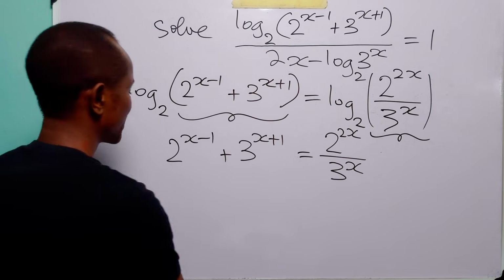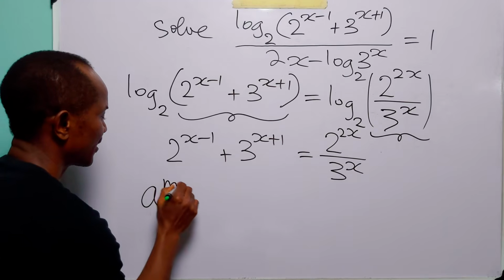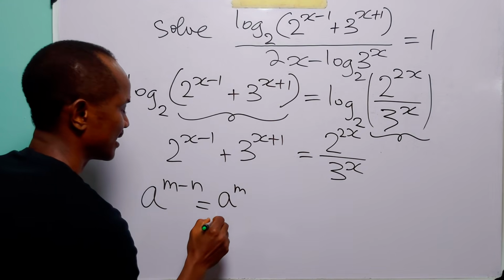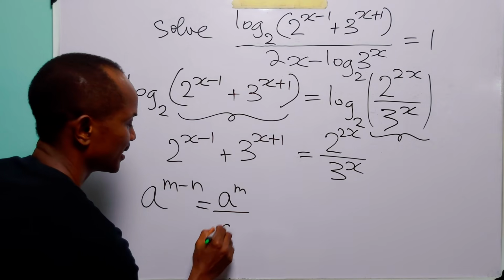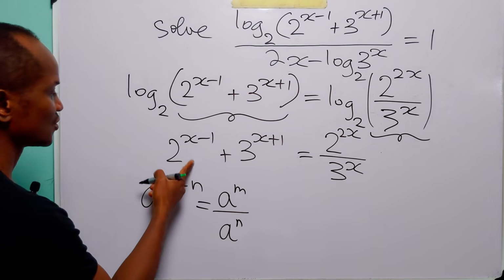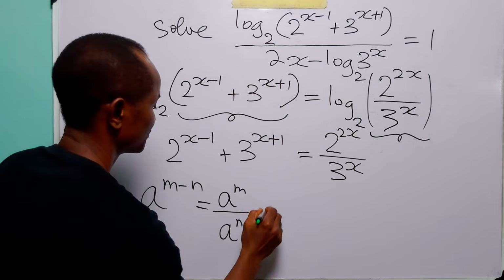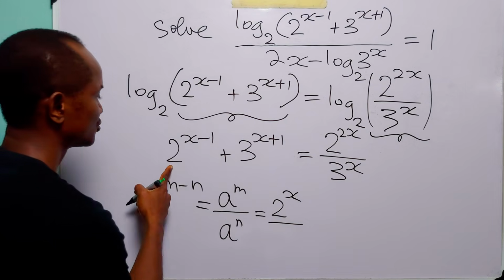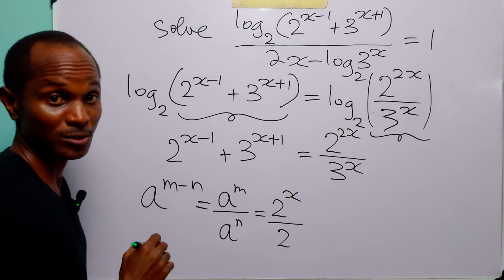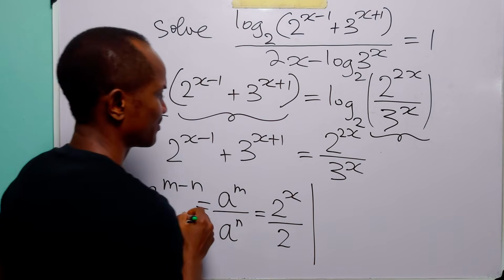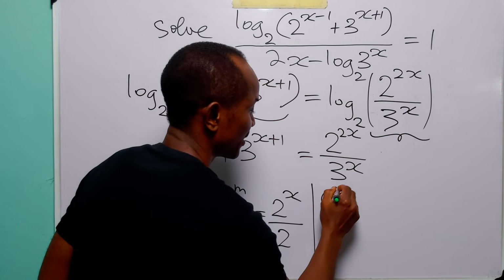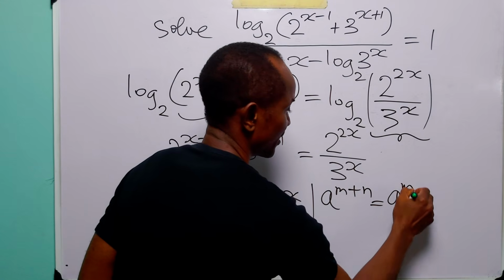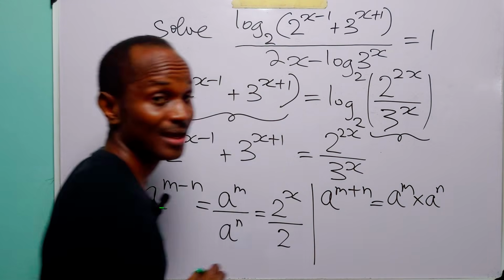Now let us remember that when we have a to the power m minus n, this is equal to a to the power m divided by a to the power n. So this is equal to 2 to the power x divided by 2 to the power 1, which is equal to 2. And also let us remember that when we have a to the power m plus n, this is equal to a to the power m multiplied by a to the power n.